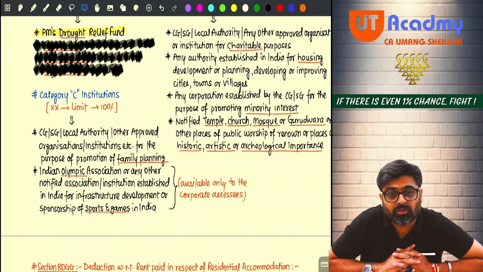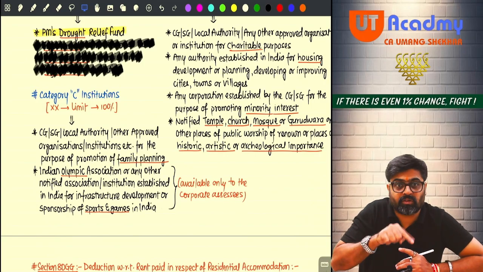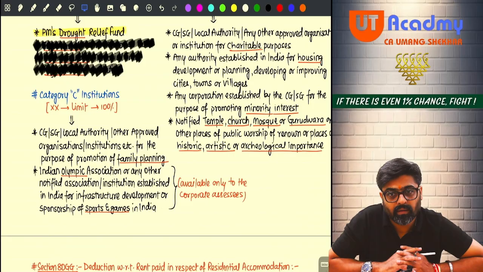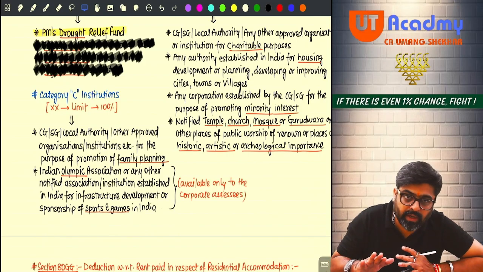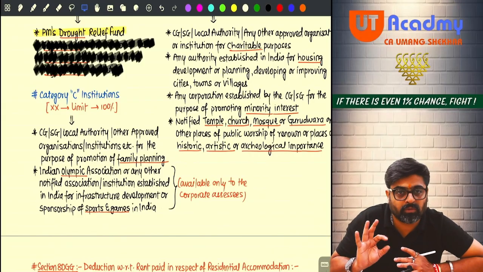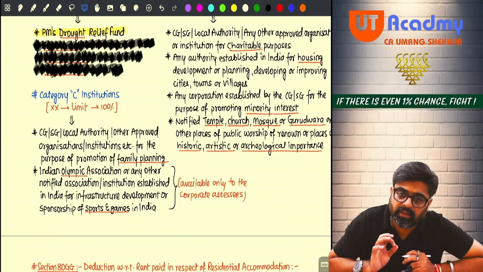National Basketball Association, National Boxing Federation. These are what? Sports bodies only, whose work is to develop that sport and that sports infrastructure in India. So along with the Indian Olympic Association, you can donate to these kinds of national sports bodies also. Okay? Whatever donation made by you will qualify for category C.